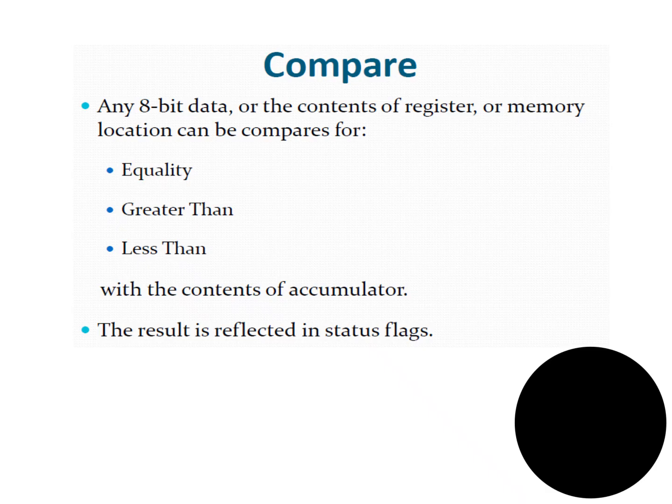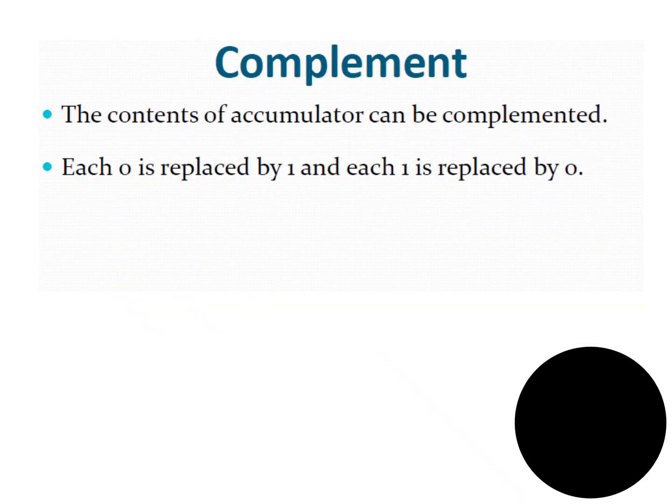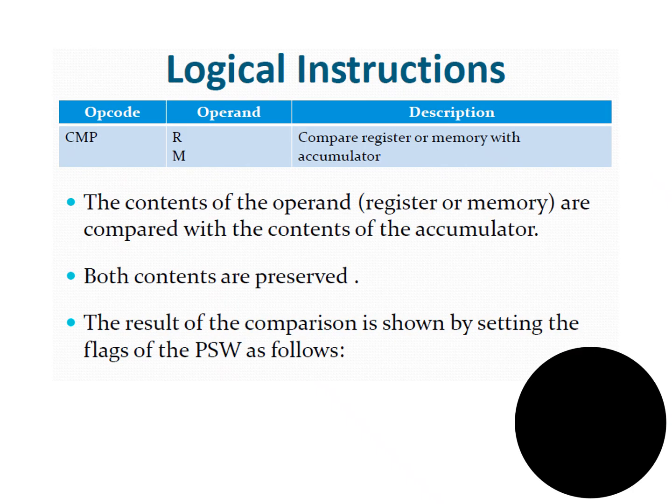Okay, and in the compare instruction, there are 3 conditions. Either it can be greater than, or lesser than, or equal. Okay, so all those will be represented with the flag register. Okay, so any 8-bit data. Complement I told you, right? 0 is replaced by 1 and 1 is replaced by 0. And here you can see compare.